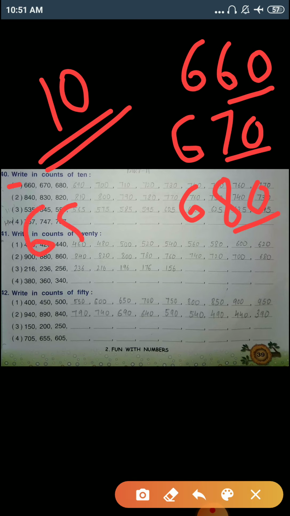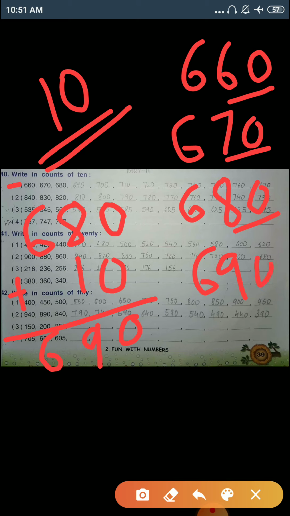So for finding out the next number, simply we are going to add 10. That means 680 plus 10. Now add these two numbers. 0 plus 0, 0, 8 plus 1, 9 and 6 as it is. So our next number is 690.